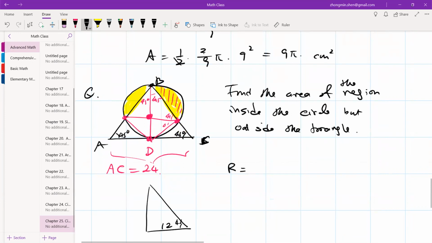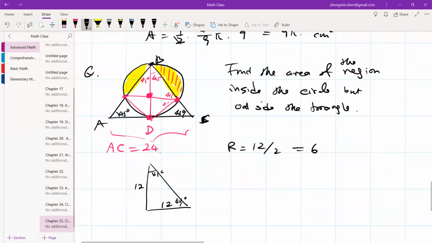And this is 45 degrees, that's 45 degrees, so that must be 12. 12 divided by 2, 6. Very quick. You can get 6. Okay, that's my first hint, right? Once you get the radius, how do you get the area of that shaded region? Okay, you just need to focus on this part.